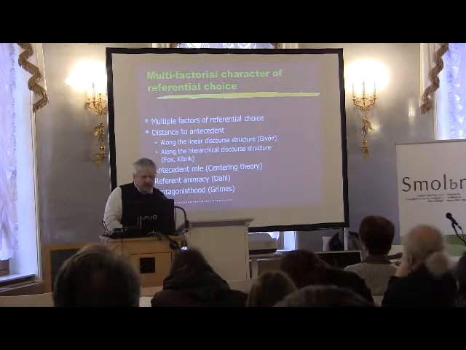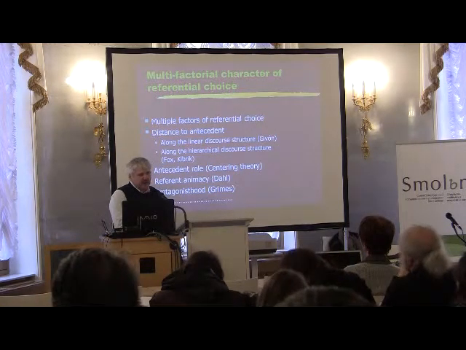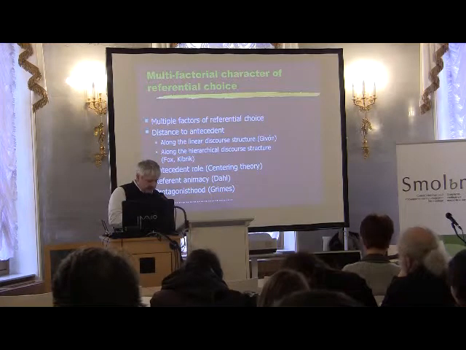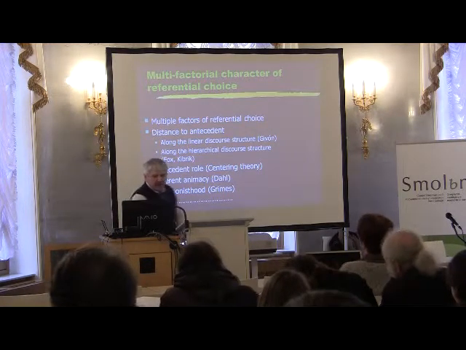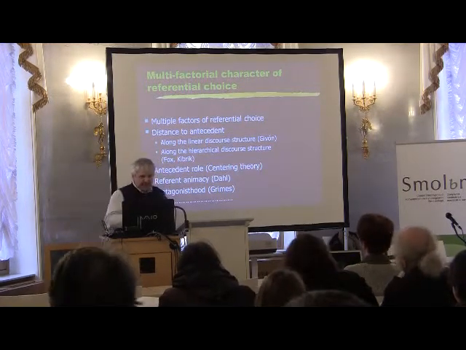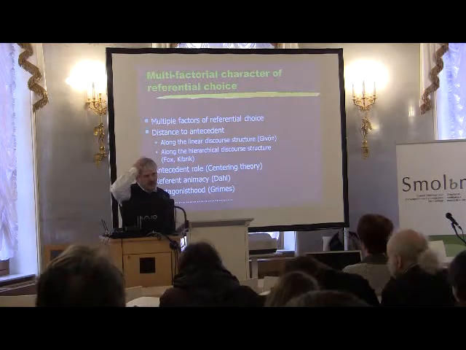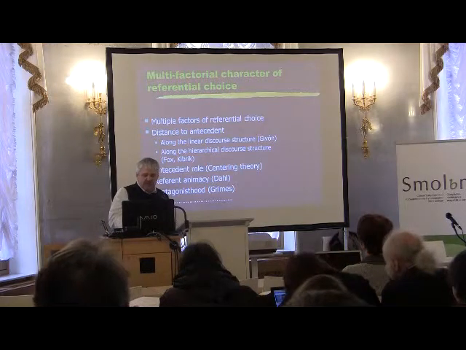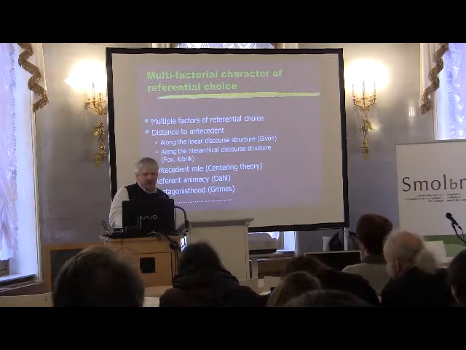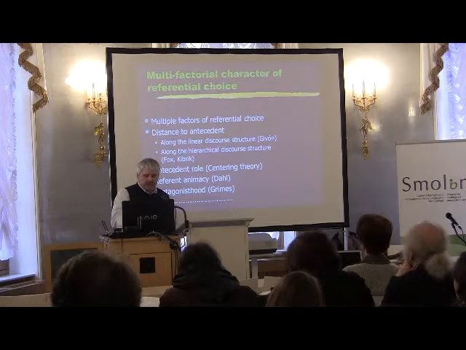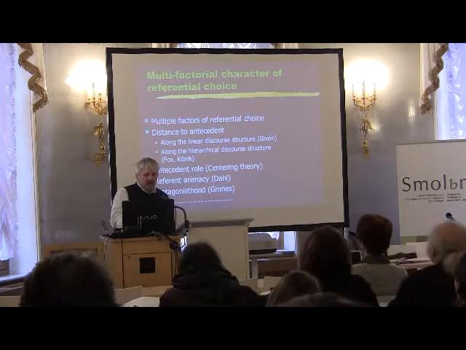Okay, referential choice is dependent on many factors operating simultaneously, and there are several groups of such factors, such as the distance to the previous mention, the antecedent, and it can be measured in a number of different ways. And there is a group of factors associated with the antecedent itself, such as its role, and there are also properties of the referent per se, which are important, and so on and so forth.